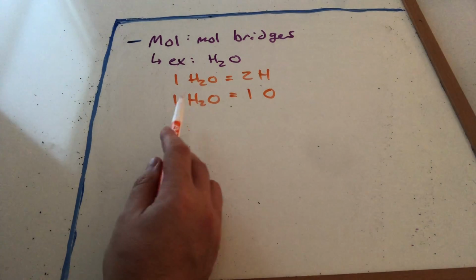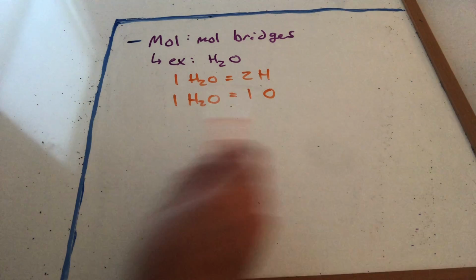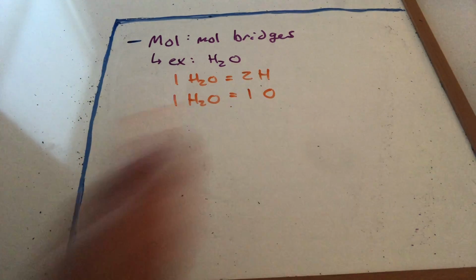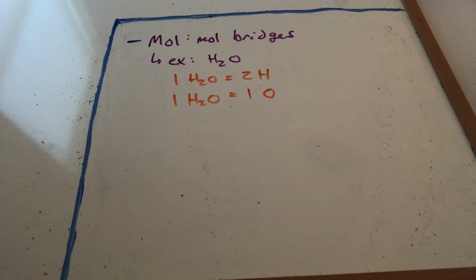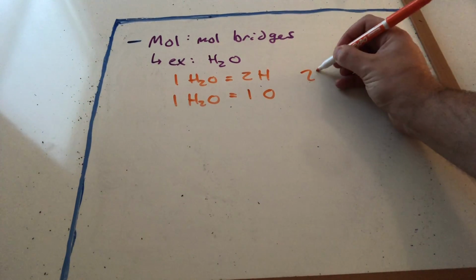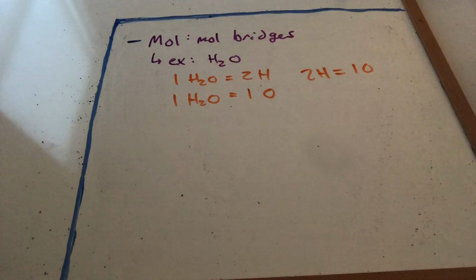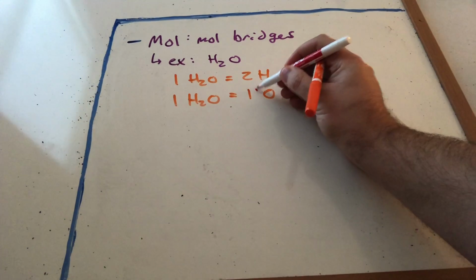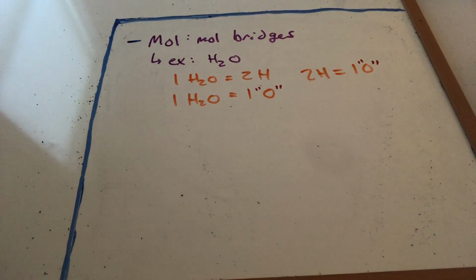We can definitely say for every one H2O, there's one oxygen found inside it. One H2O has two H's. We also can see that when we're referring to water, two H's are the same as one "O" oxygen. I'm going to put quotes around the oxygen so you don't think it's a 10. Just know that this O right here is oxygen.